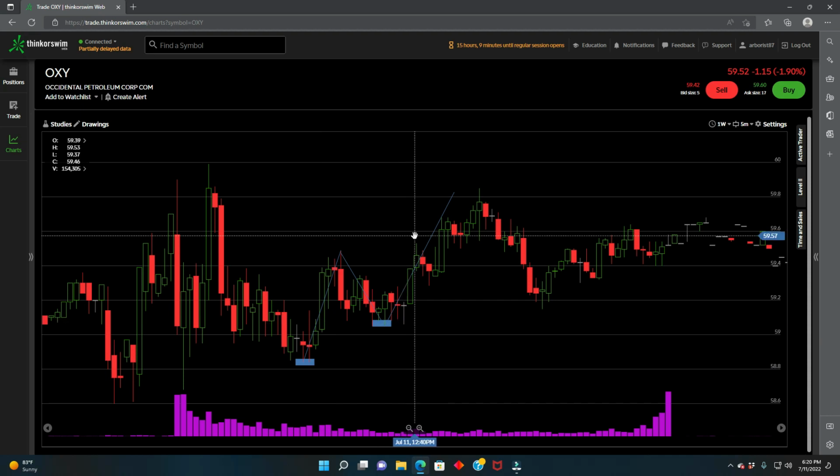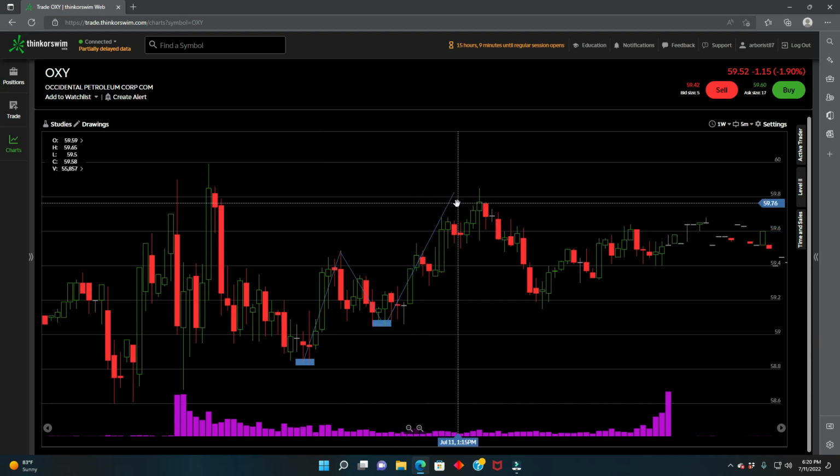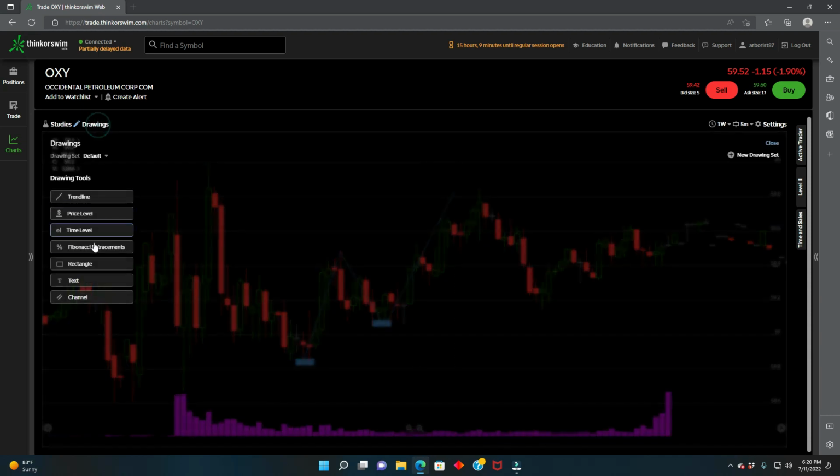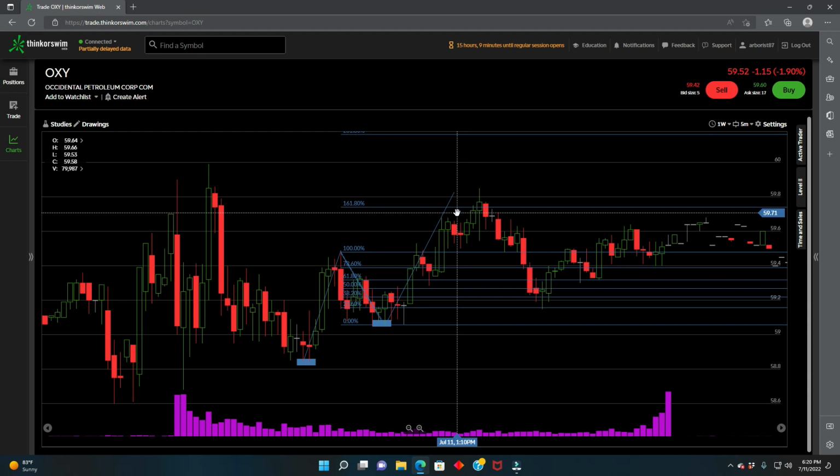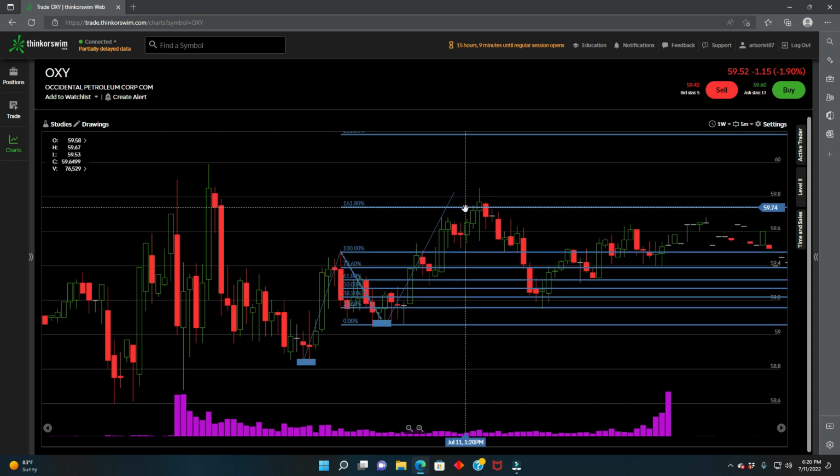And then when looking to take profit, you would place your target around the 161.8% level. I always place my take profit right below that, because that's when just about every other day trader playing this pattern is going to start looking to take profit.